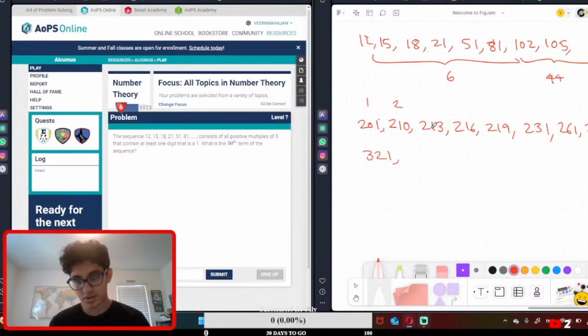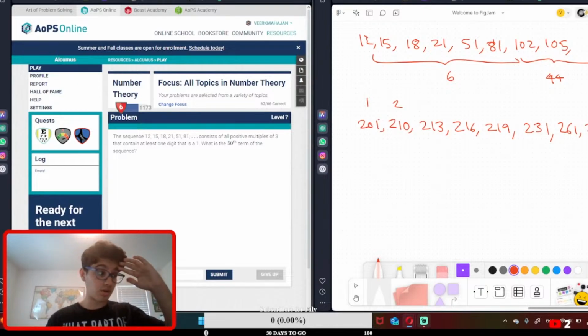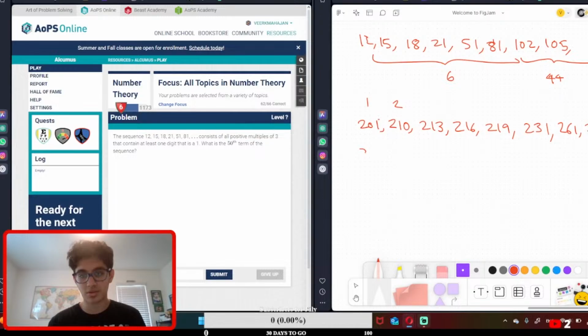This is 1, 2, 3, 4, 5, 6, 7, 8, 9. Wait, no, sorry. Before 321, after 291, there's going to be all the 310s, right? So there's going to be 312, 315, and then 318. And then after that, 321 too.